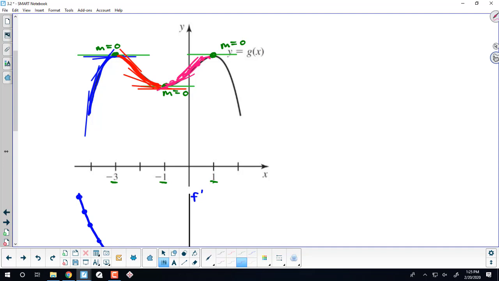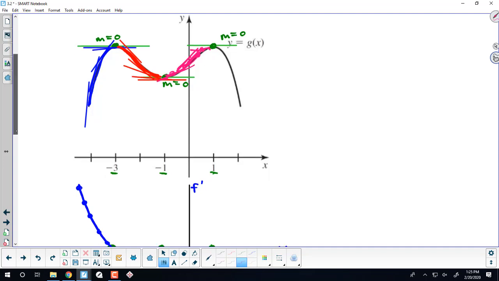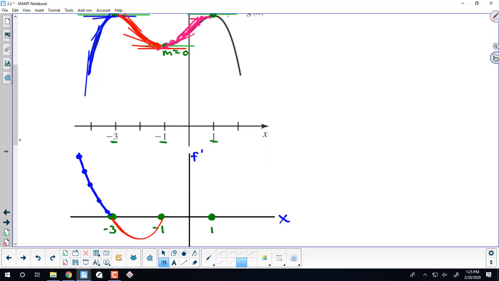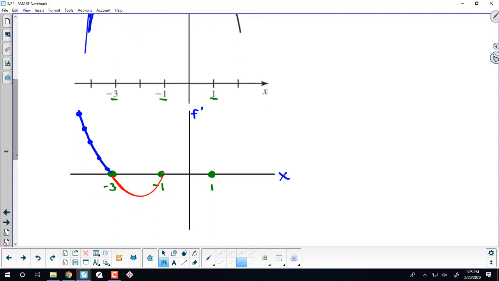A little less, a little less. Flattening back out to 0 again. So after the x value of -1, the slopes are a little bit positive, getting more positive, and then approaching 0. So something to that effect.